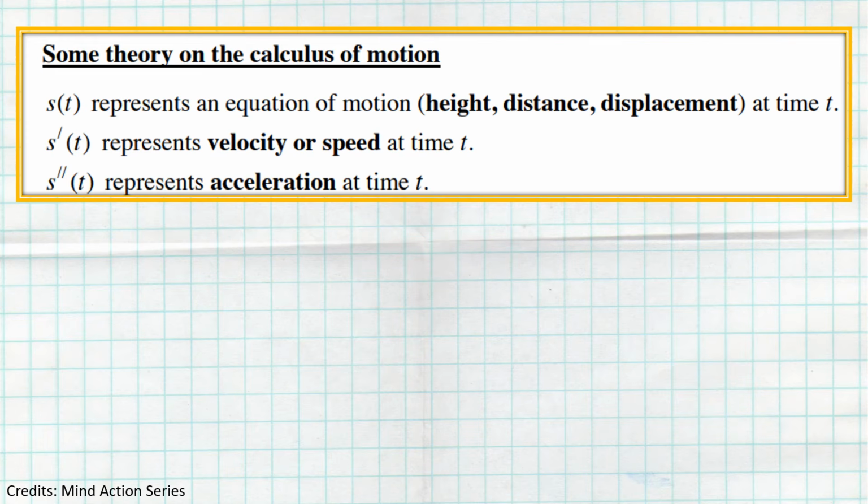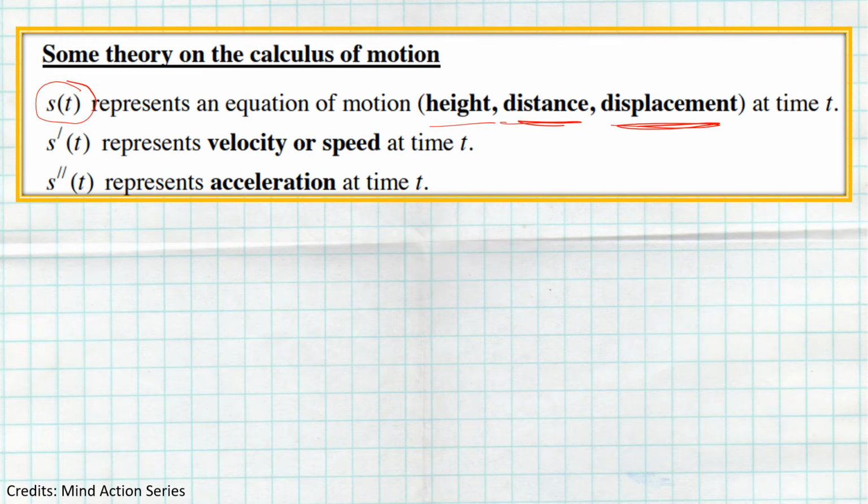For example, s of t represents an equation of motion, right? So it can represent your height, your distance, or your displacement. Sometimes they use m of t, sometimes they can use any letter, right? So it shows you the displacement at time t, or rather the distance at time t, or rather the height at time t.